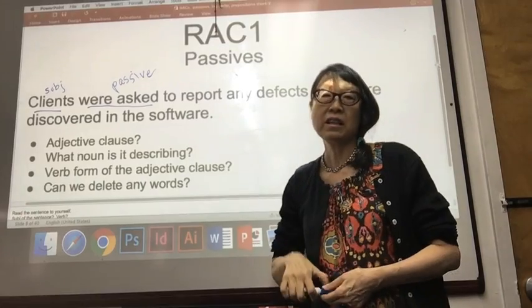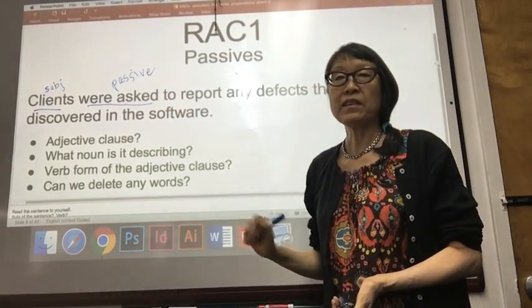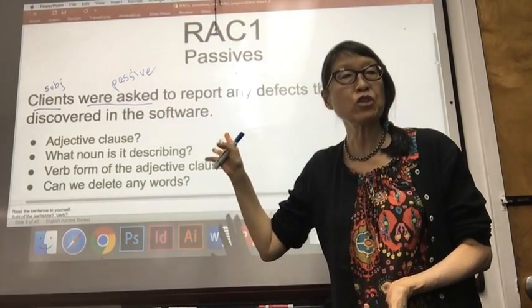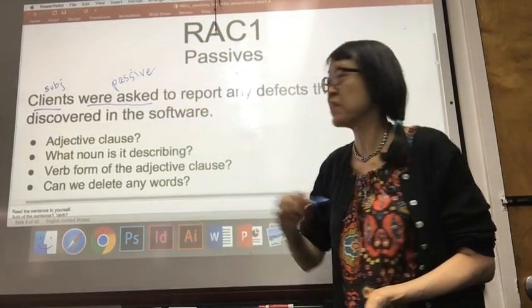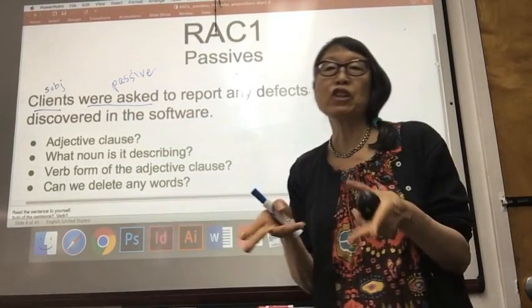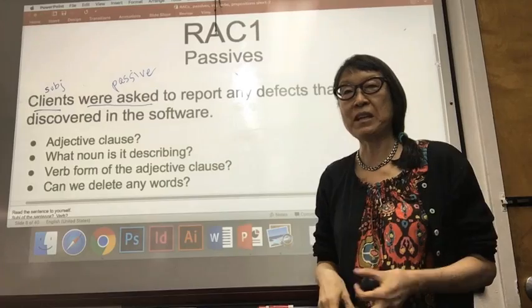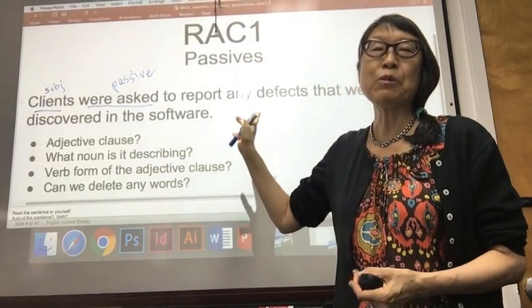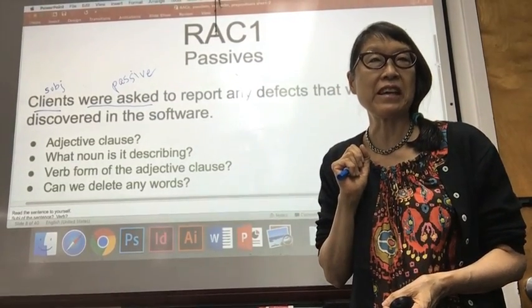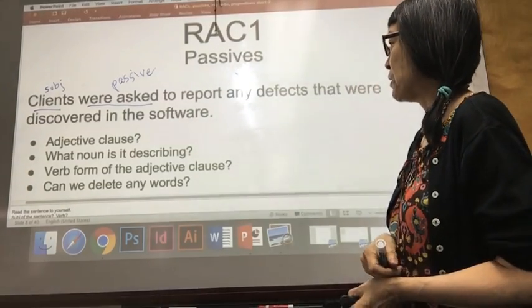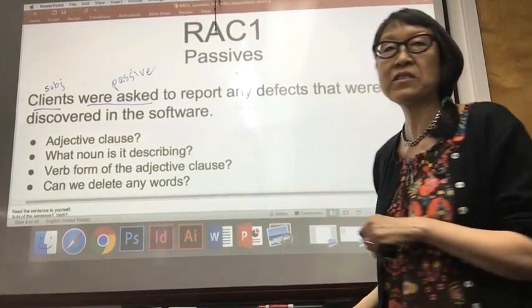So here, were asked is a passive form, but it's actually the main verb of the sentence, with the subject and verb. And actually, I was going to point that out, so I'm glad you asked that. This example was meant to be a little bit tricky, okay? And it was good that you spotted that. Does everybody understand that?